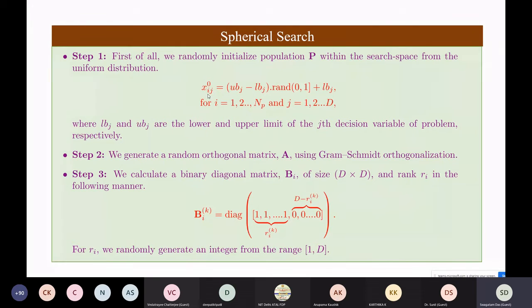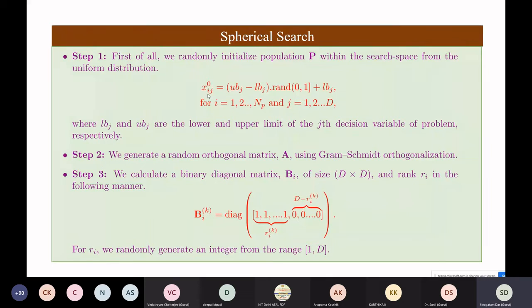So if you take the dot product of two columns of an orthogonal matrix, that dot product will become 0. You can pick a random matrix of a designated D cross D size, where D is the dimensions of your problem, the number of decision variables. And you can go on using the Gram-Schmidt orthogonalization technique or Givens rotation. These are numerical techniques from linear algebra, using which you can orthogonalize your matrix.